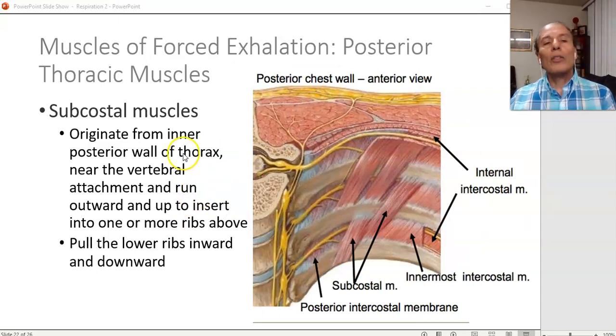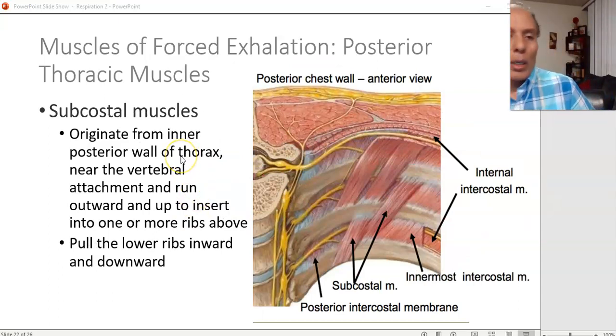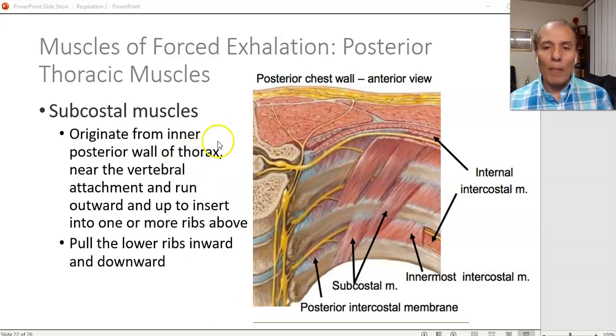Then we have subcostal muscles. Sub means beneath. This is the back of the thorax. This is the spinal column, and you can see the ribs.